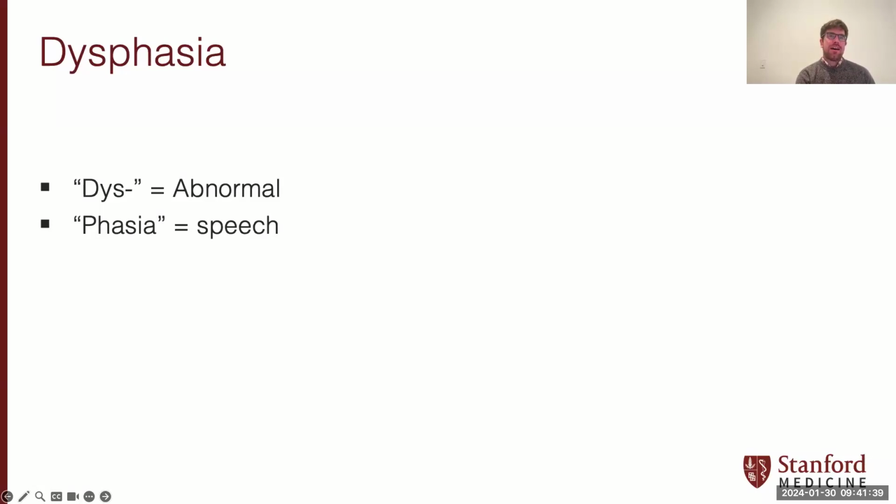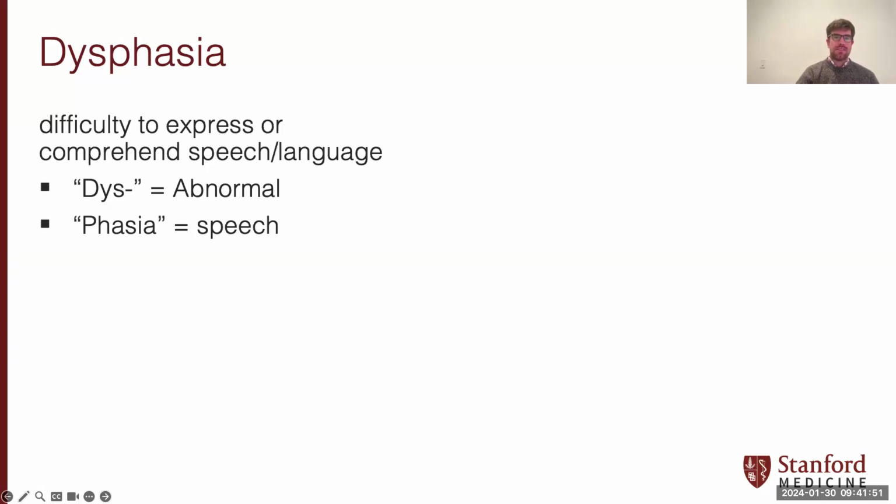But there's a big difference between a G and an S, which we'll get into in a little bit. So dys is abnormal, phasia with an S is speech. And so this is difficulty expressing or comprehending speech and language.